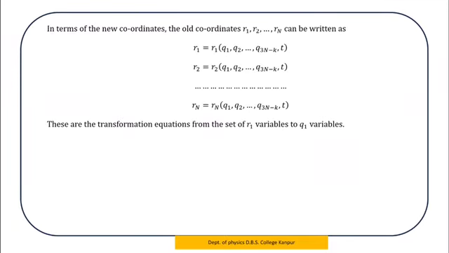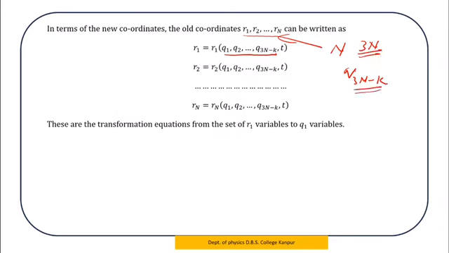The old coordinates are taken as r1, r2, ..., rn, and the new coordinates are q1 to q3n minus k. The old coordinates are 3n and the generalized coordinates are 3n minus k.